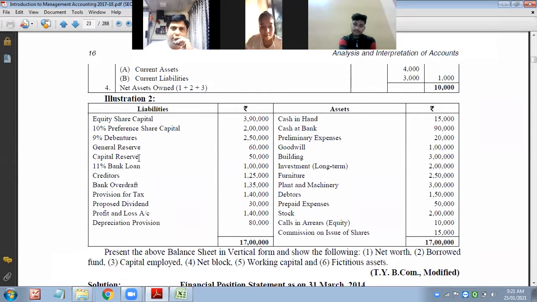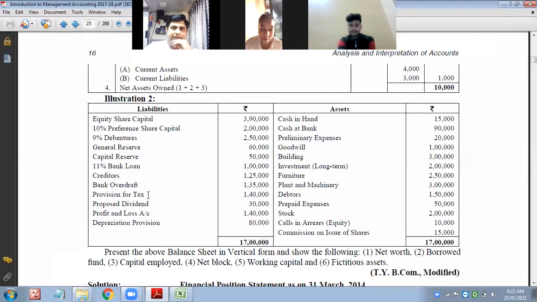Capital reserve, reserve and surplus, shareholders fund. 11% bank loan, borrowed fund, secured. Creditors, current liability, quick. Bank overdraft, current liability, non-quick.